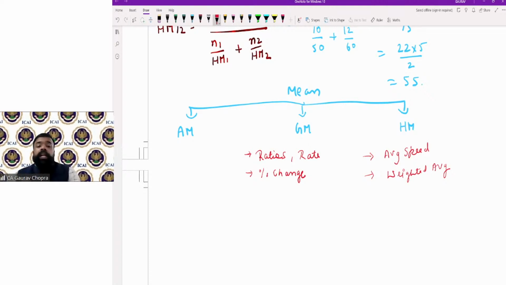So GM and HM are used in very particular, very few cases. लेकिन अर्थमेटिक मीन का usage होता है at majority of places. So it is used mainly almost everywhere. तो इन specific चीजों को अगर छोड़ दें, then बाकी सारी जगहों पर arithmetic mean का use होता है. Okay.